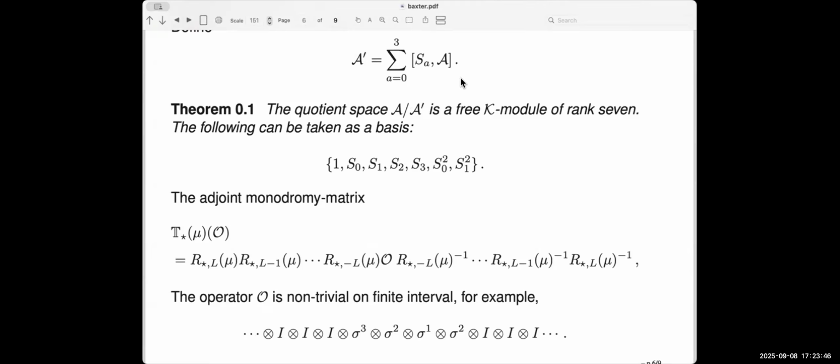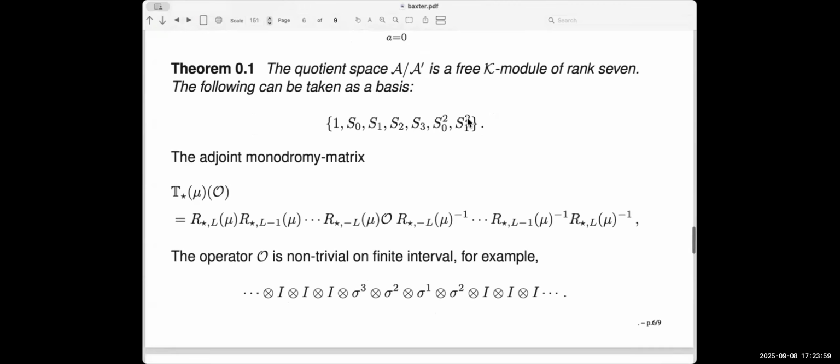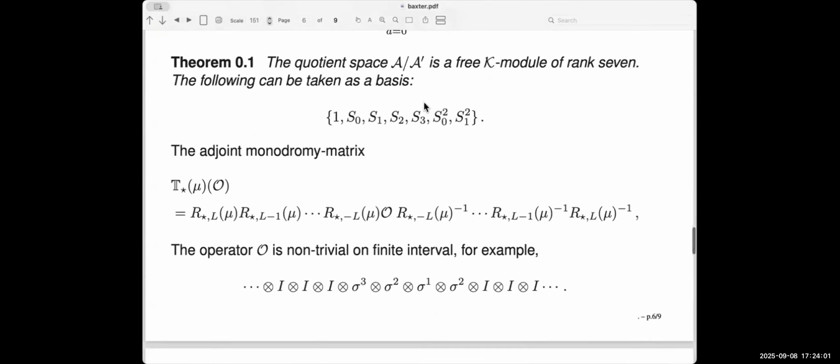And it should be considered as a K model. K model means that it is created by two Casimirs, K0 and K2. And so the quotient space A over A prime is seven-dimensional.